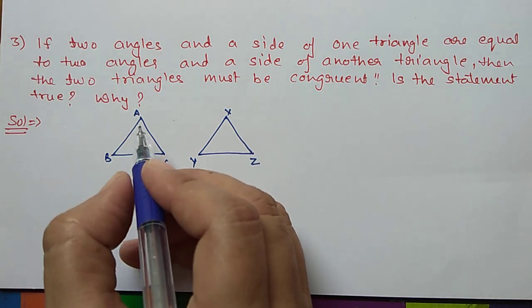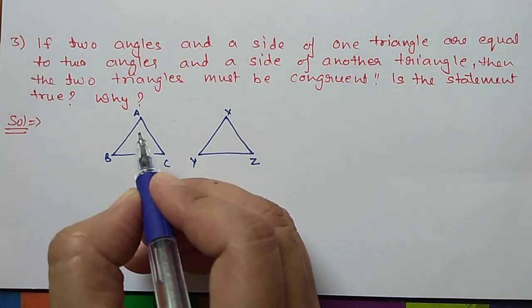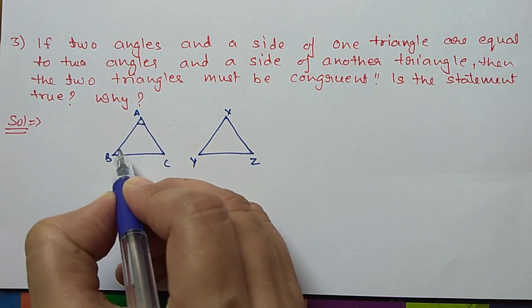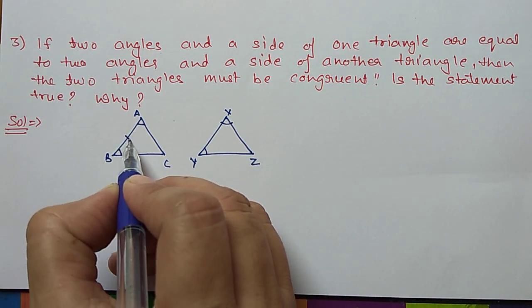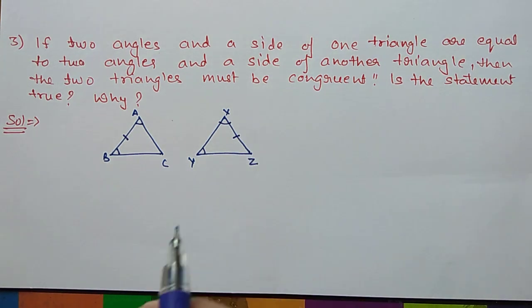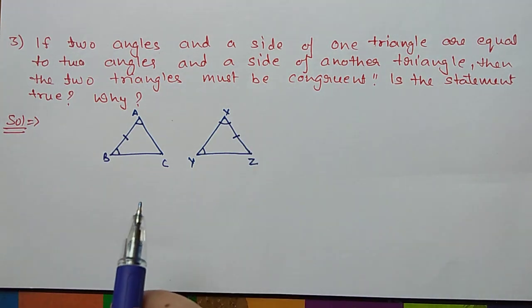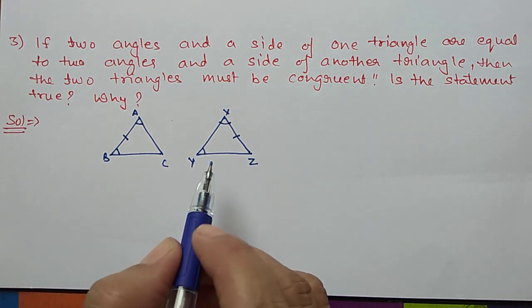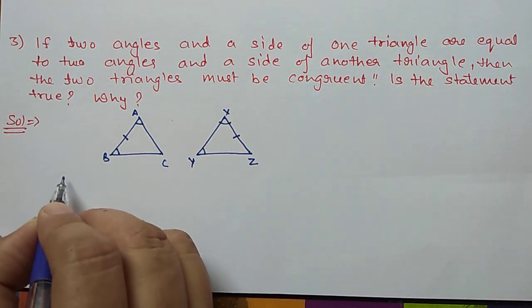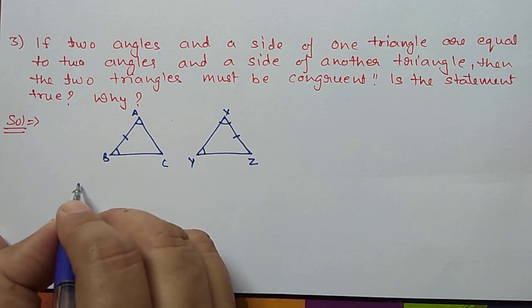So you can see here, if I take this angle and this angle as equal, and from here I take this side and from here I take this side, then these two sides are not corresponding. So in this question the information is incomplete. So these two triangles are not congruent.